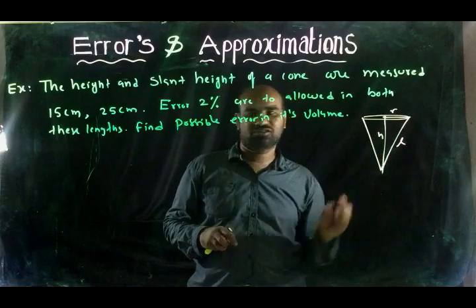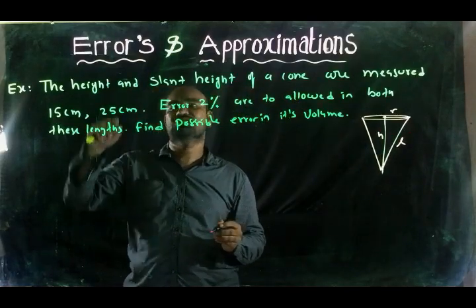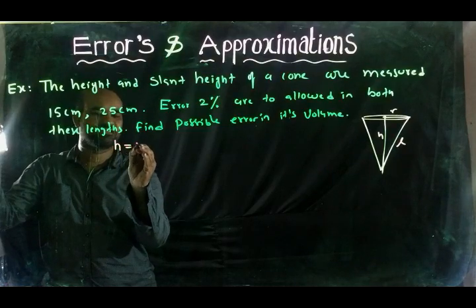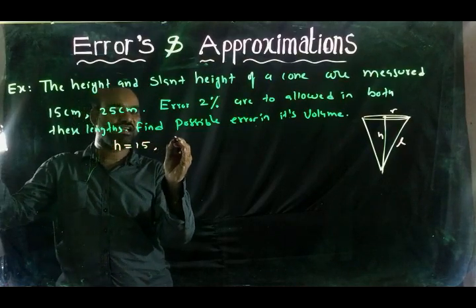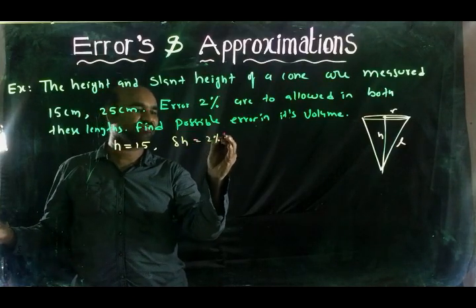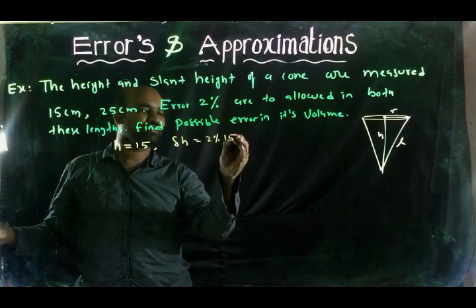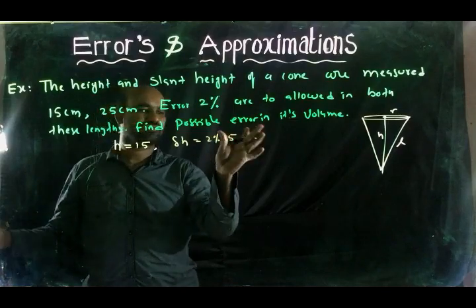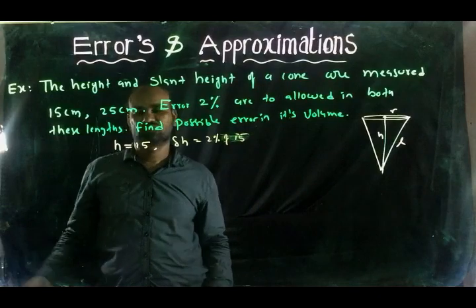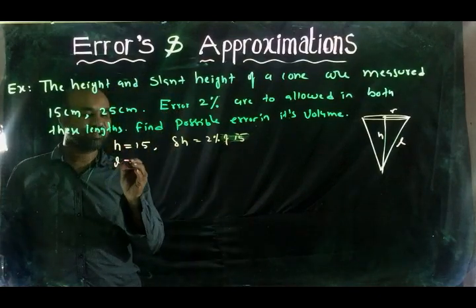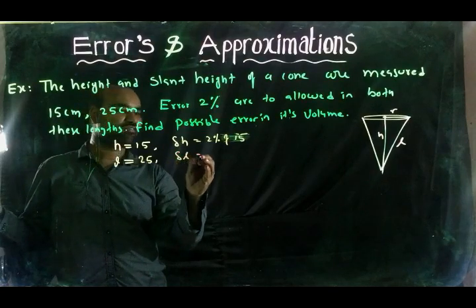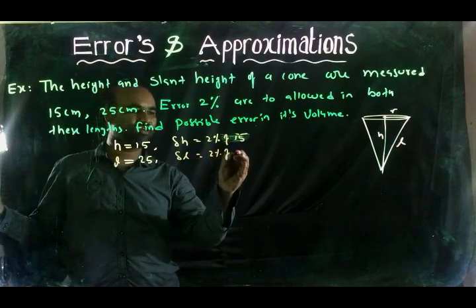This is slant height. First height is given as 15, h equal 15, and delta h, error in h is given as 2% of h, means 2% of 15. Next, L is given as 25. Delta L is given as 2% of 25.